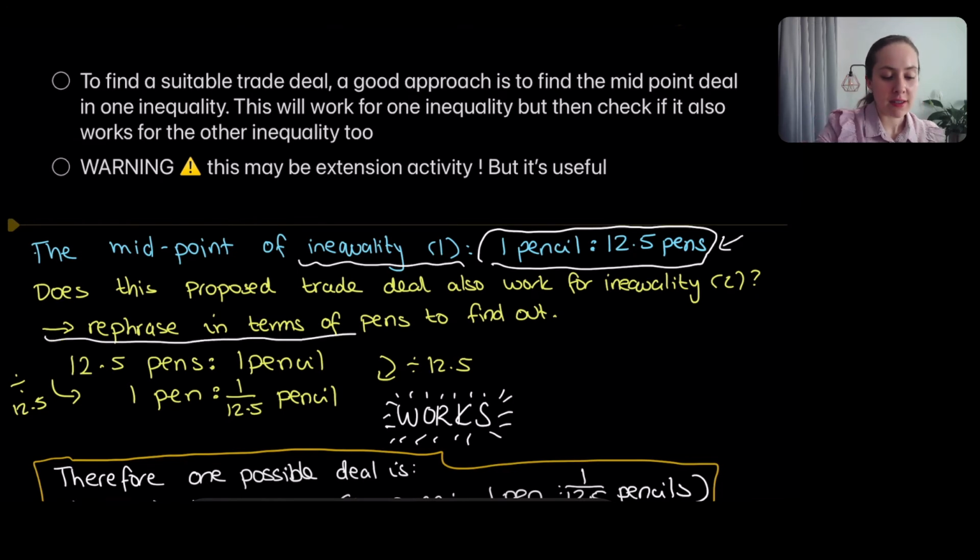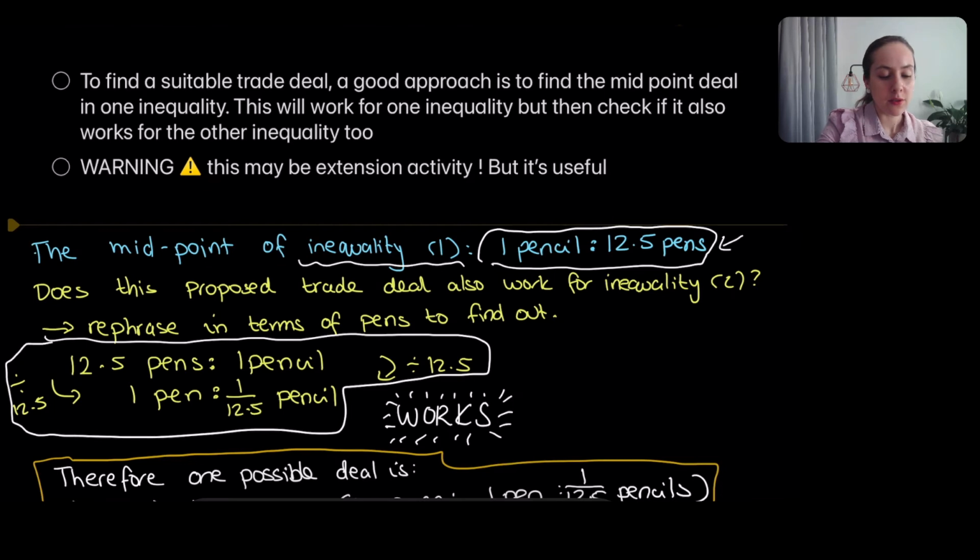So here I've got written out how this is going to work. To phrase it in terms of 1 pen, write out the exchange rate and divide both sides by 12.5, to get it down to 1 pen. And then you can see that 1 pen means it's going to trade for 1 divided by 12.5 pencils.